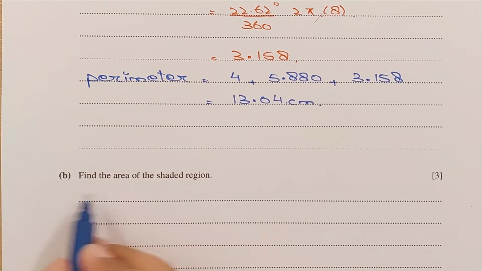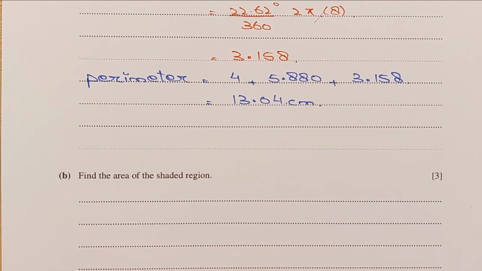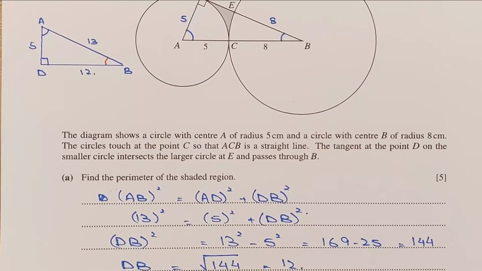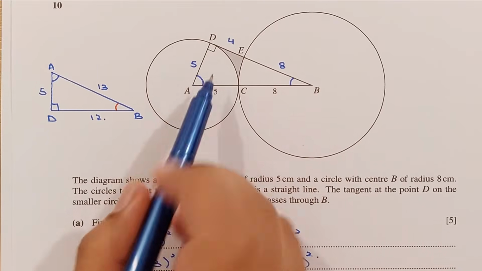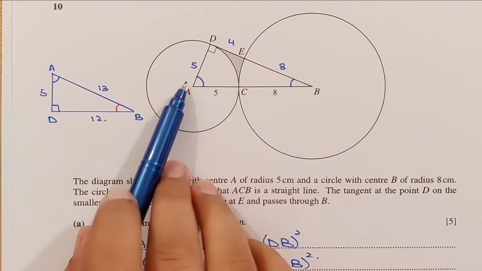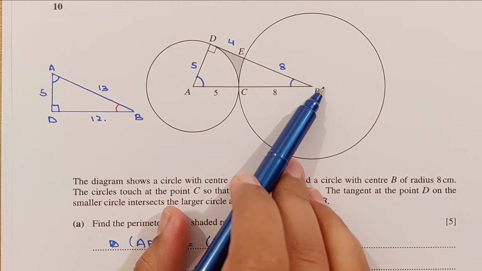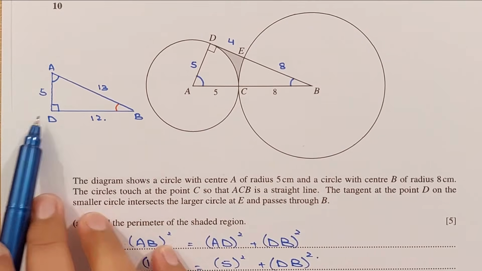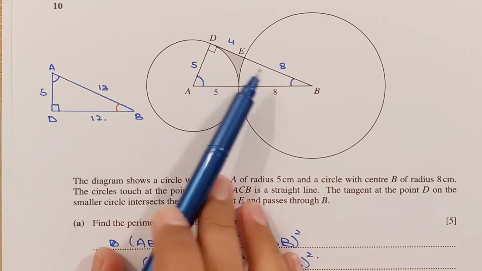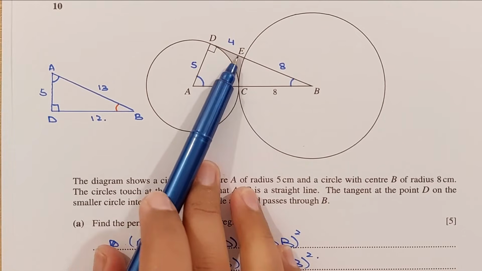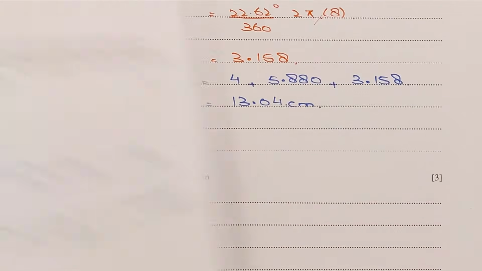Now for part B, find the area of the shaded region. So the area of the shaded region, as you can see, we have a shaded region. So how can you find the area of a shaded region? We have to find the area of this right angle triangle, half base times height. This is a base and this is a height. And we have to find the area for this sector and this sector. Subtracting the area of two sectors, we will get the shaded area, right?